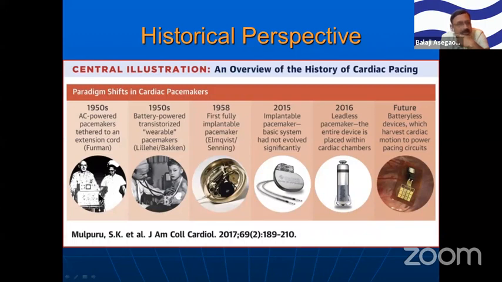It was a very basic kind of pacemaker at that time, and the person had to carry this kind of huge box wherever he went. Later on, its size decreased. There was modernization in the pacemaker, and in 1958 we got the first fully implantable pacemaker, which was placed subcutaneously.